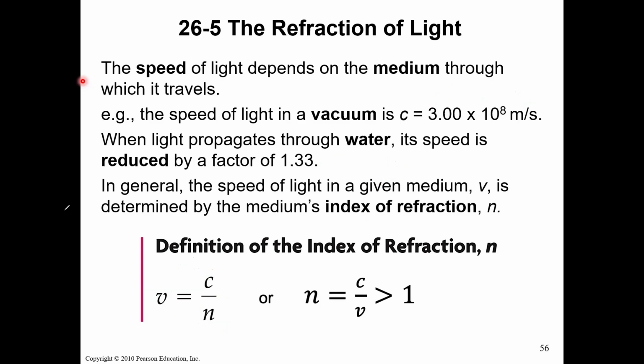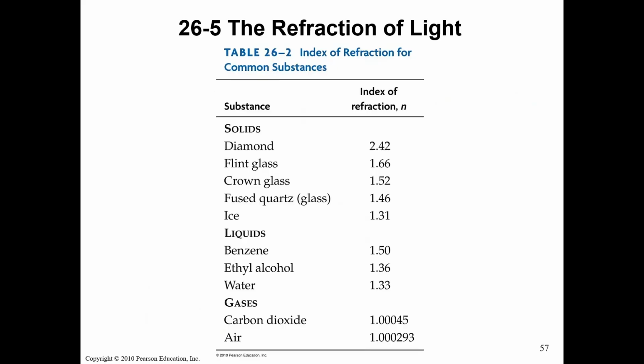Now we have the index of refraction, which is a material property. We can list it for all the materials, and it should include this material called vacuum. For vacuum, n equals 1. This is very important, something you should know. Now, if we have air or carbon dioxide, the light is slowed down, but not too much, so still close to 1.